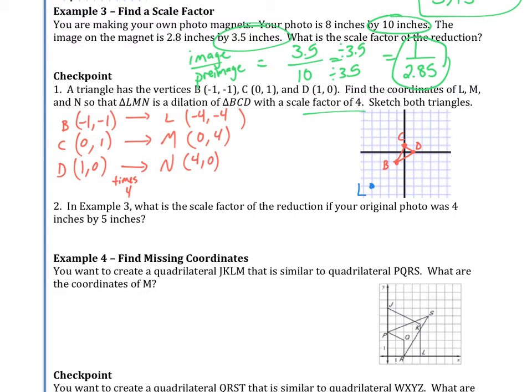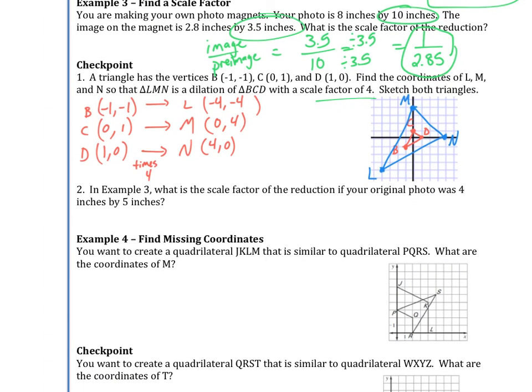M is at 0, 4. Then N is at 4, 0. So we can see the blue one is 4 times as big as the red one, triangle BCD.